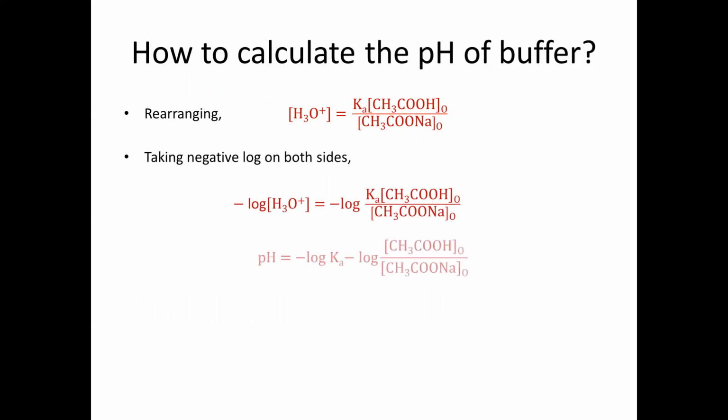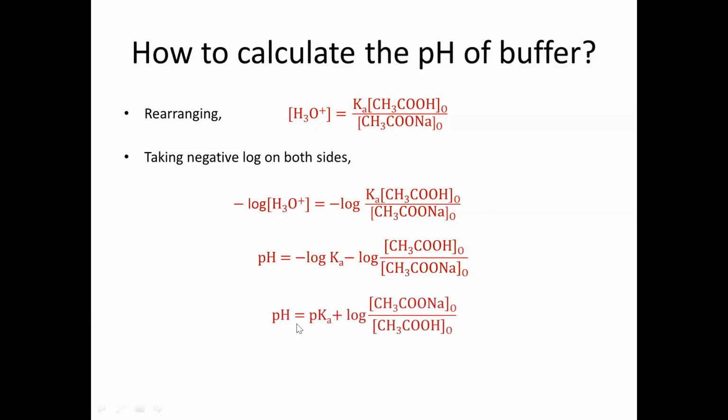Minus log of H3O+ can be written as pH, and we can split Ka and this ratio of acid to salt, since log of x times y is log of x plus log of y. So we can write minus log of Ka minus log of this ratio. And you know that minus log of Ka can also be written as pKa.